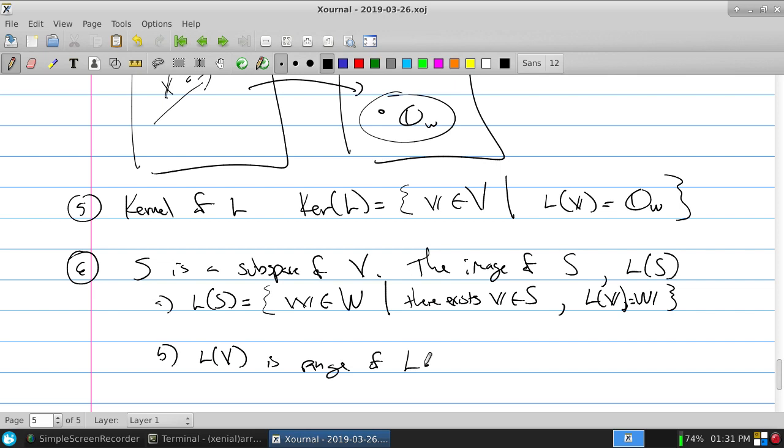If I take all of the vector space and move it, it's going to be the range of that transform. If I just take part of that space and move it, that'd be at least the image of that subspace.